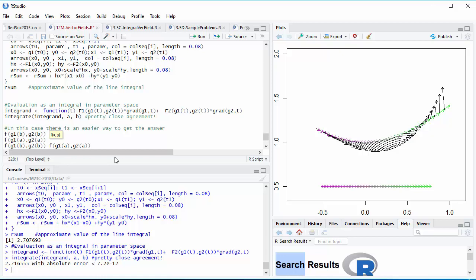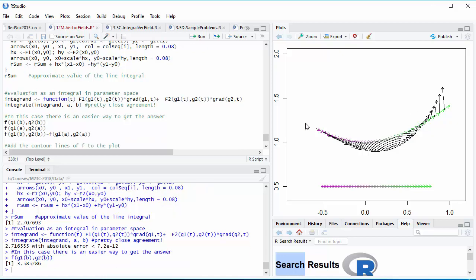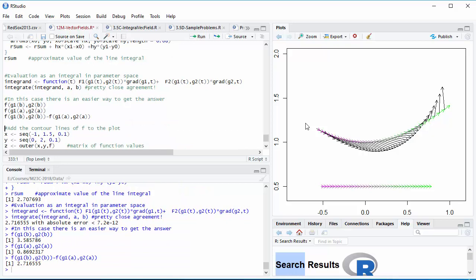In other words, I take the difference between my original function evaluated at the endpoint and evaluated at the start point. I get exactly the same result as when I integrated the gradient. This is an illustration of what's sometimes called the fundamental theorem of line integrals.